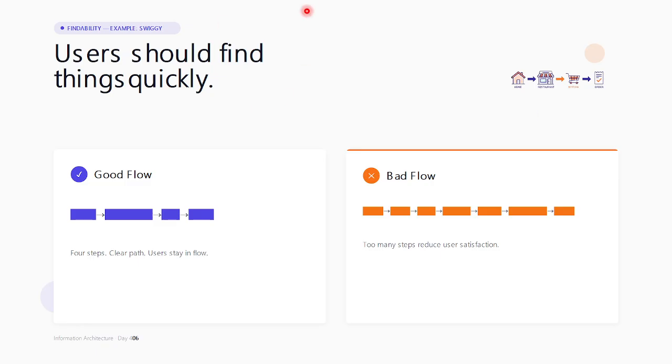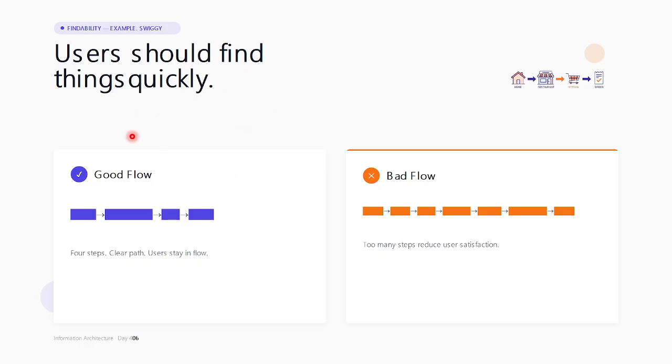Next, findability. Users should find things quickly. If we take the supermarket as the example for this entire session, when a user wants one product in the supermarket, it should take 2 to 3 steps.